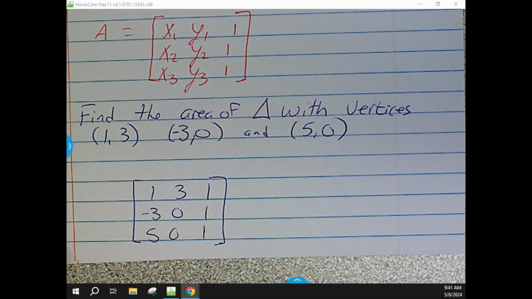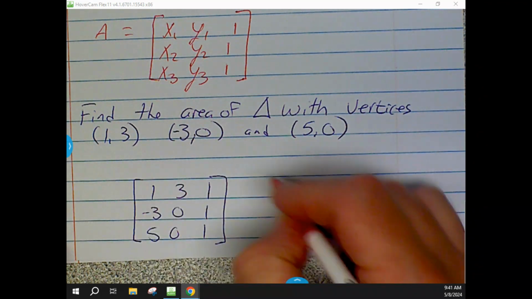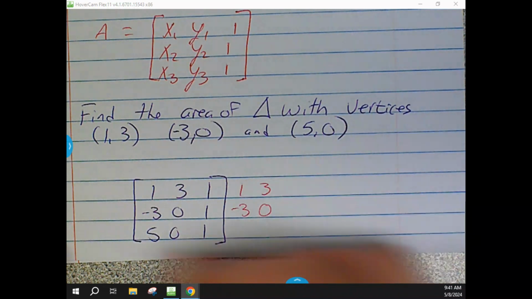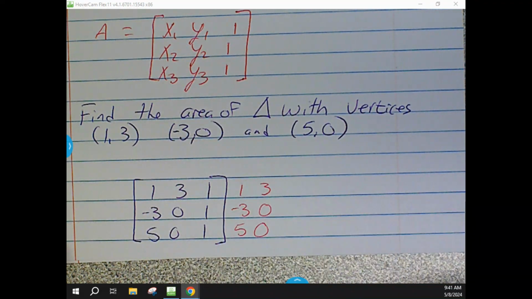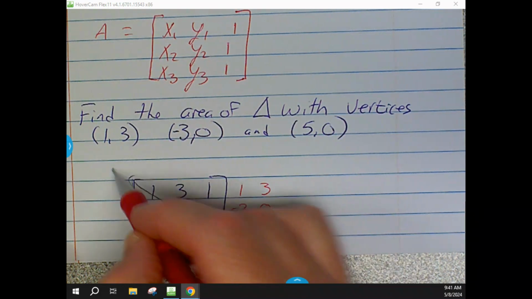Okay, and again, for the 3x3 matrix, we're going to take the first two columns we've got here and rewrite those here. So we're going to put a 1 and a 3, -3, 0, and then 5, 0. Okay, and then it's cross products time. The zeros help us out because we've got 1 times 0 times 1, well, that is 0.